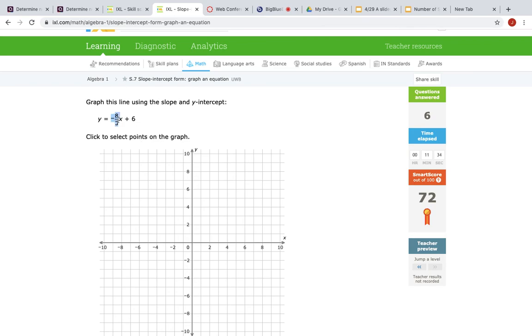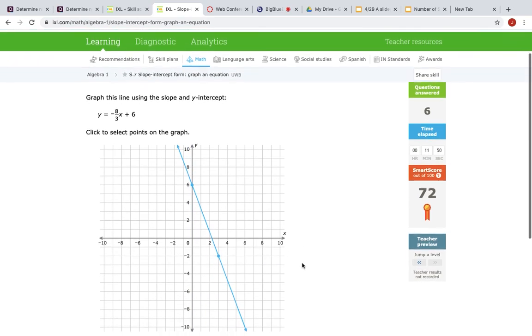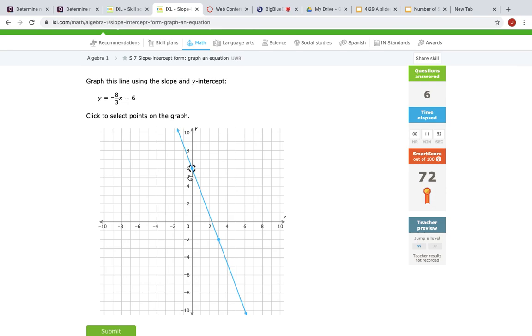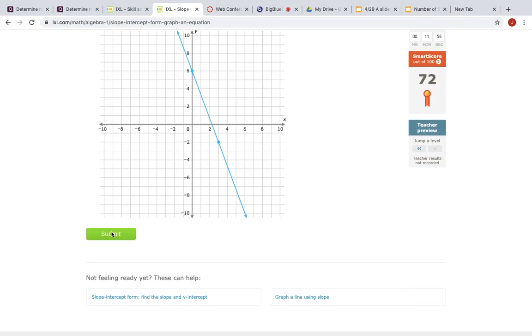I have a negative slope, so I'm going to be going down, and I have a y-intercept of 6, so I'm going to plot y equals 6 on the y-intercept. I'm going to go down 1, 2, 3, 4, 5, 6, 7, 8, and over 3. It's still just as easy: I plot my y-intercept and I plot a second point based on my slope.